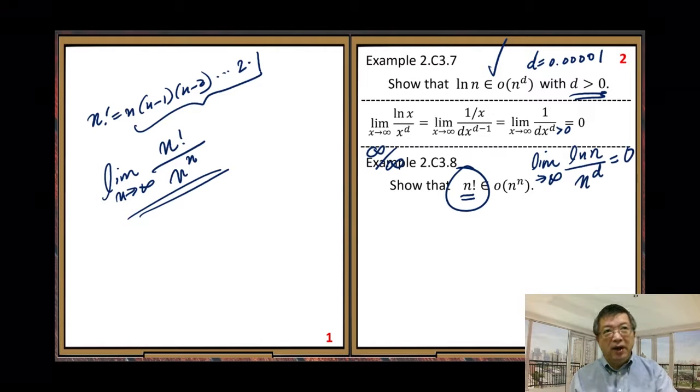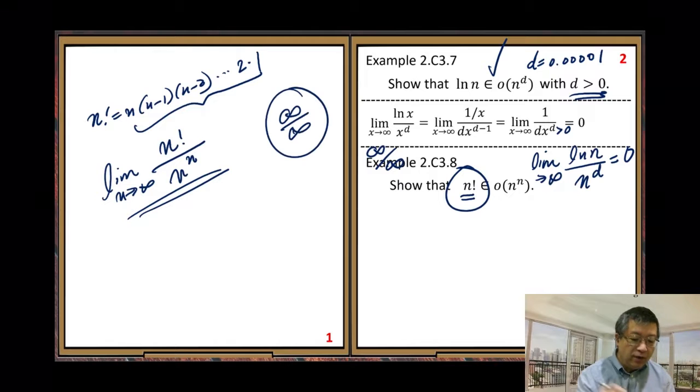But if we use our old method, you will have pretty big difficulty. Definitely this is an infinity over infinity indeterminate form, no problem. The question is, if you want to apply L'Hopital's rule, you have a big problem. You need to change to a continuous variable.